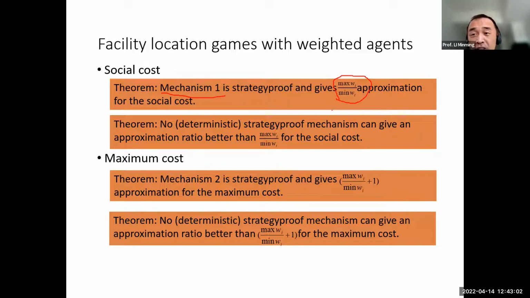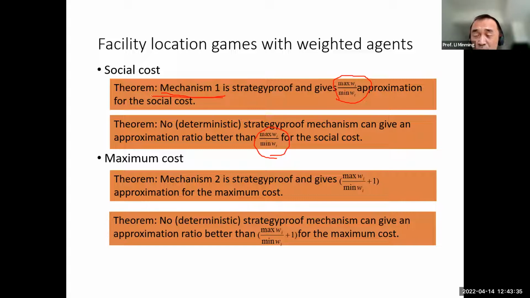So if your weight difference is huge, with large weight and small weight having a very huge difference, then the approximation ratio will be very bad, right? The news is we can also show this is a lower bound. No deterministic strategy-proof mechanism can achieve a ratio better than max weight over min weight. Okay, well, so that basically closes the gap, right? You cannot do better than that.